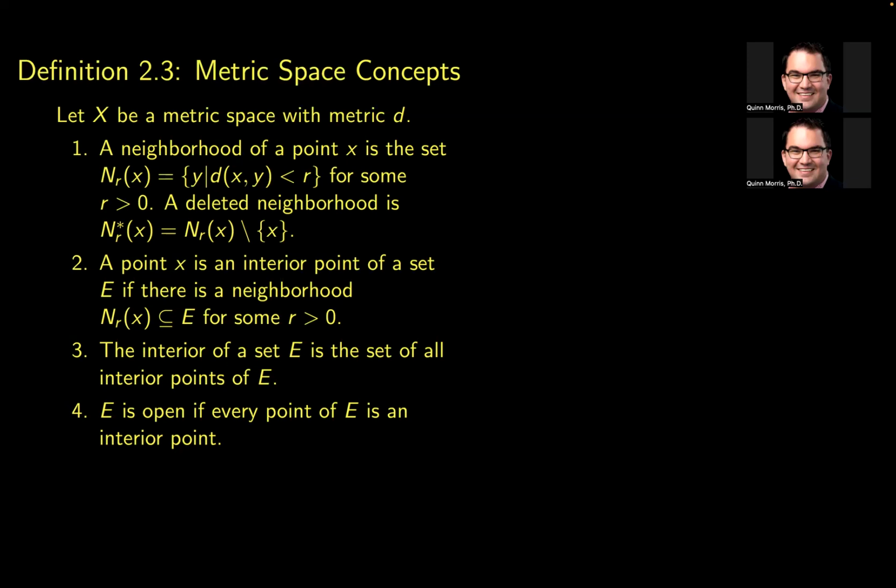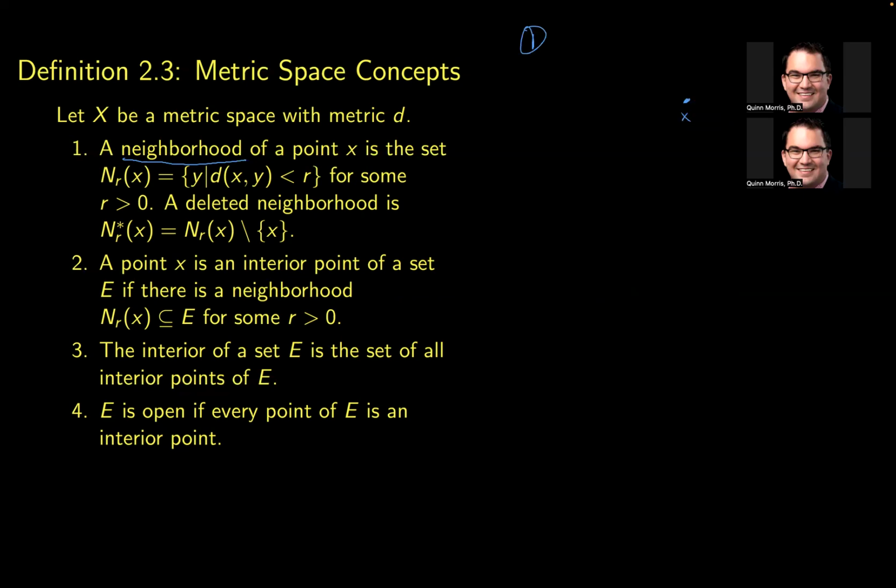So the first thing we want to define is a neighborhood of a point. A neighborhood of a point x, which we write as N sub r of x, is the set of all points y such that the distance between x and y is less than r, for some r greater than 0. If you want to think of this visually, you have some point x.